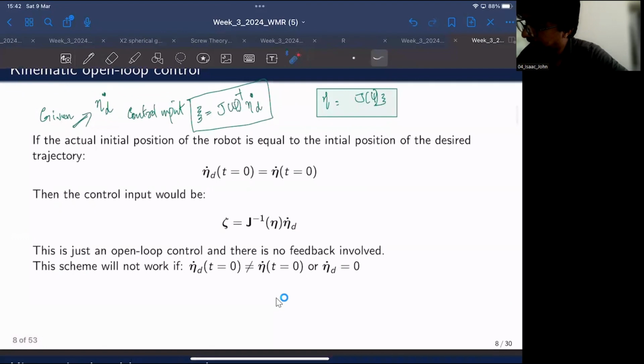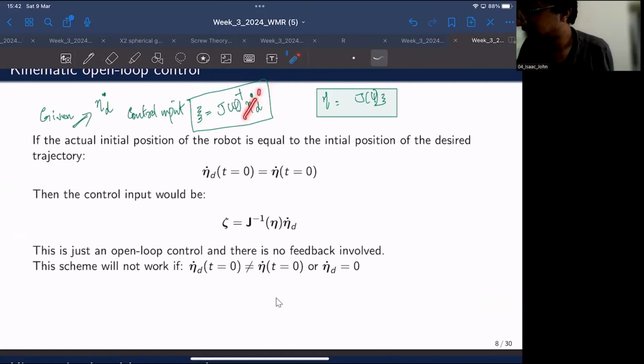And this will only work under certain conditions, right? This will only work, for example, if eta desired dot is not 0. If you only need to make the robot go from a start position to a final position without worrying about the tracking, or without worrying about its position at each of the time steps, then eta desired dot would be 0, right?